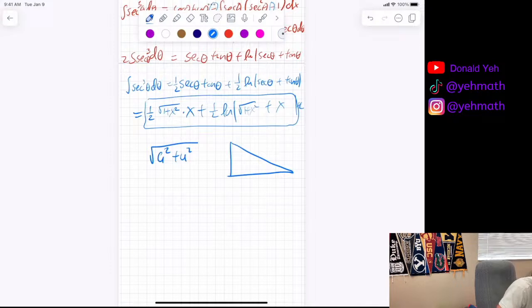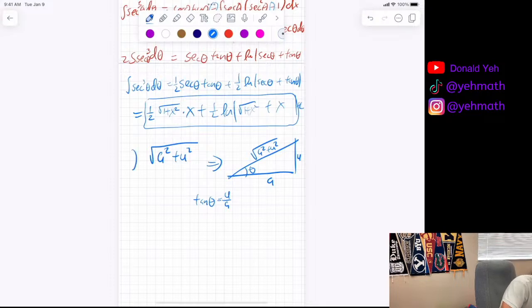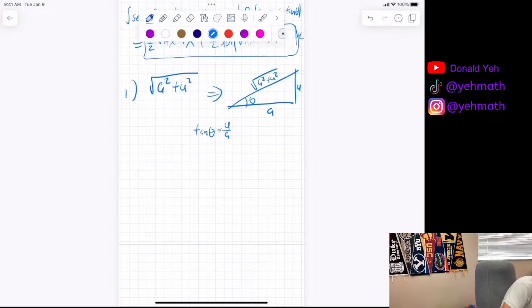If you ever see something like this, the hypotenuse has to be square root of a squared plus u squared, and u has to be this side, and a has to be this side. For me, that's the easiest one to remember. Now remember, for this one I'm going to use tangent of theta equal to u over a. This is the first scenario, but we've got two other scenarios.